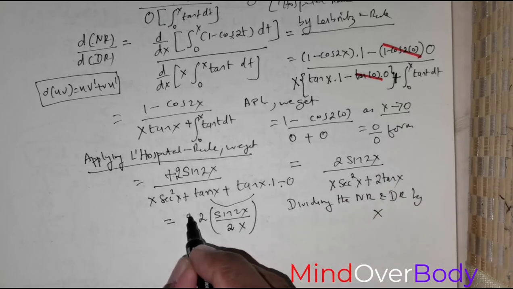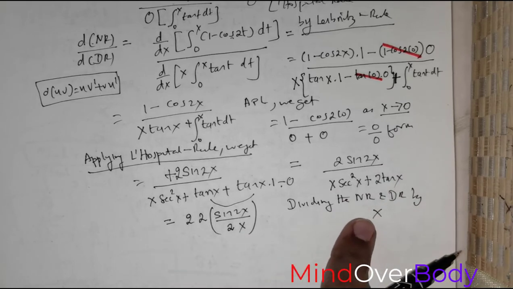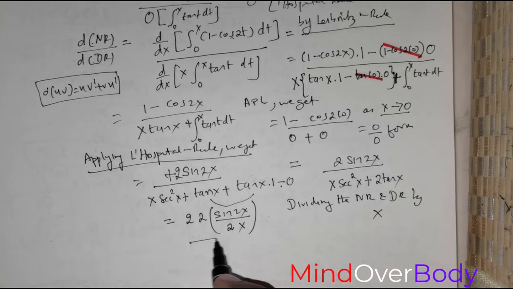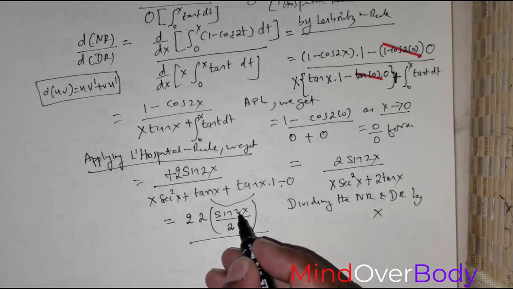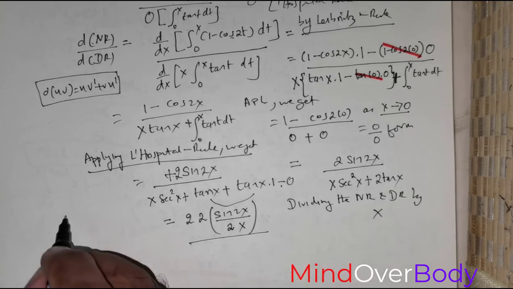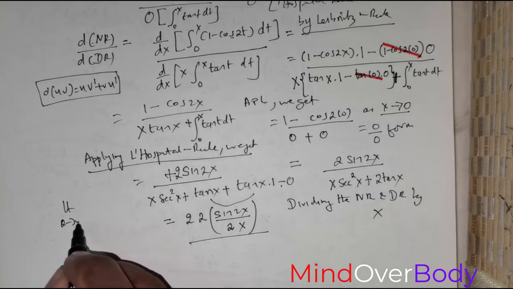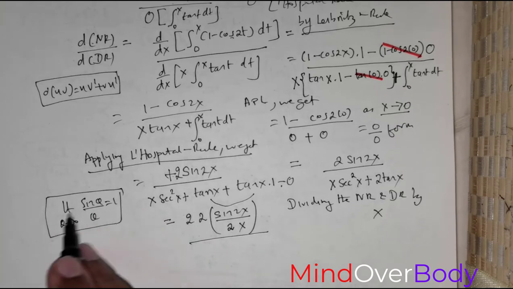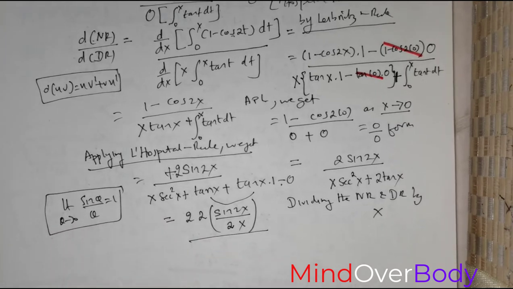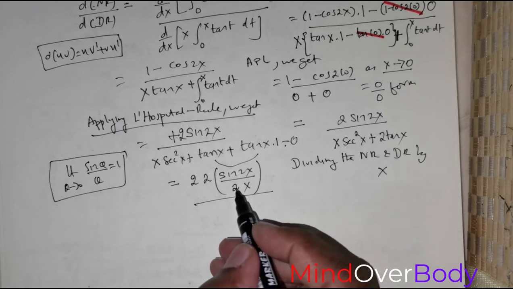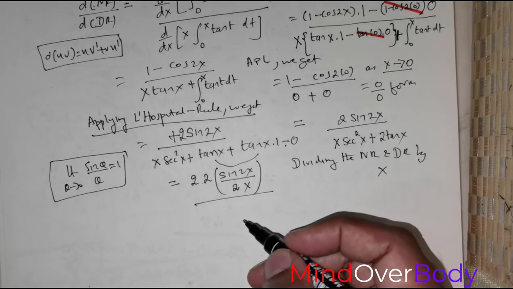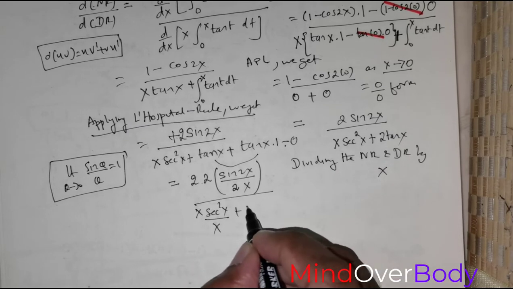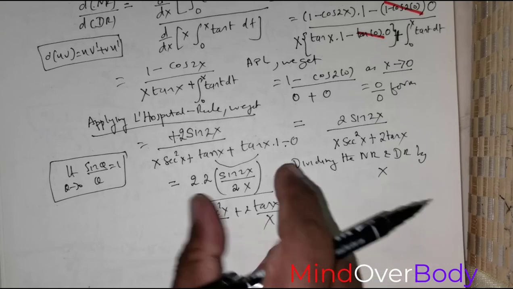Of course there is also a 2 there, so let's place it. What I'm exactly doing here is dividing the numerator and the denominator by x. I wanted to have a 2 here because of the fact that limit theta tending to 0 of sine theta over theta is equal to 1. I want to apply this particular law or rule. So that's the reason I'm placing this 2 and multiplying it by 2 there. Now this is going to be x times secant squared x divided by x, positive 2 times tan x over x. So this is what I've got.